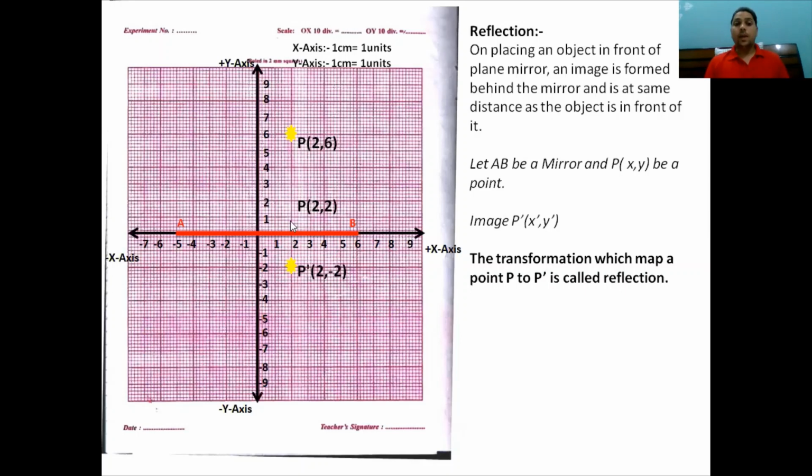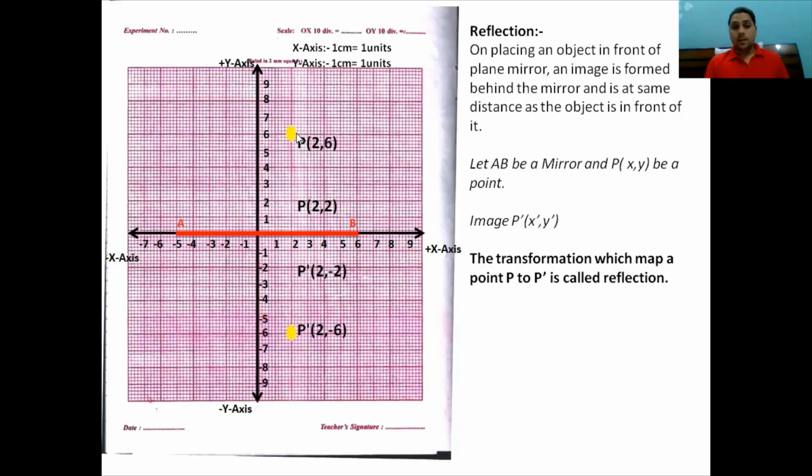From the mirror it is at a distance of 6 centimeters or 6 units. If I change the location of this point, the image will always move backward. Again 1, 2, 3, 4, 5 and 6. So what will be the coordinates of the image? The coordinates of the image will be (2, -6).